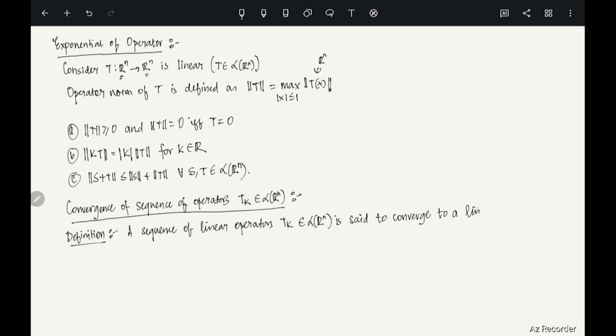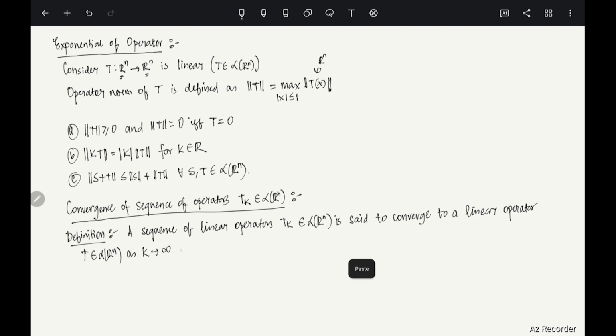So basically you have a linear operator T, and I am saying there is a sequence Tk which converges to T. When is that happening? That's the question.